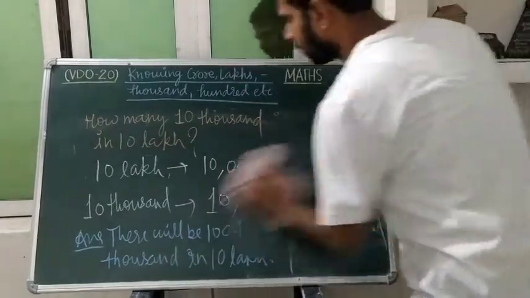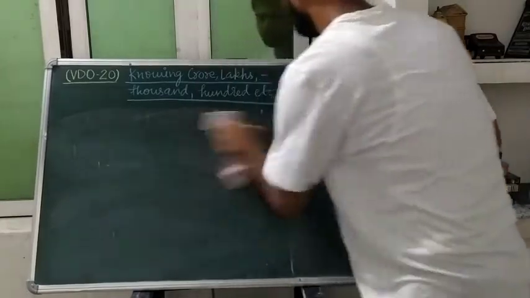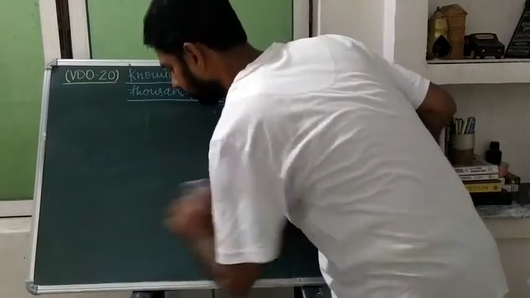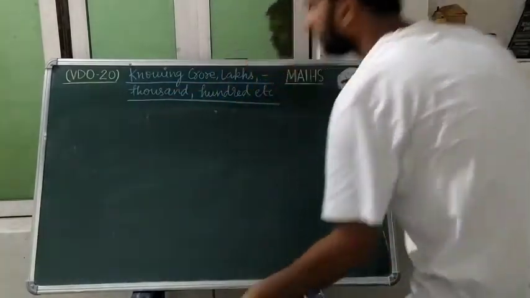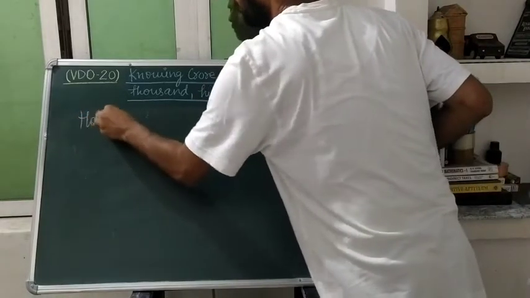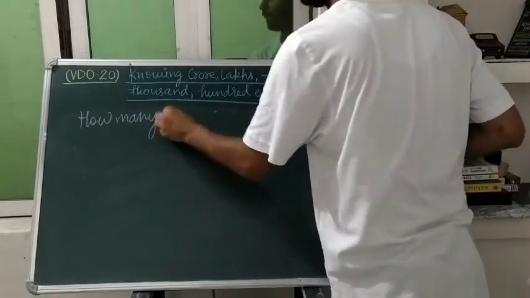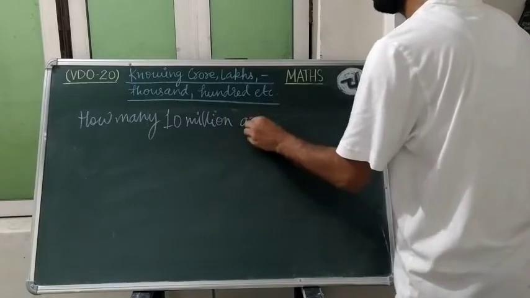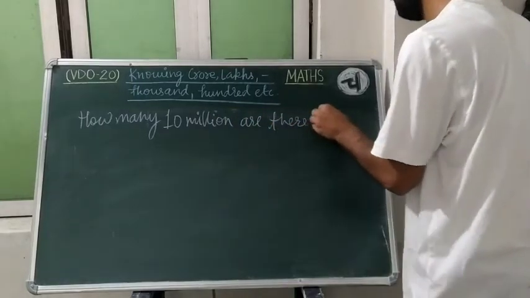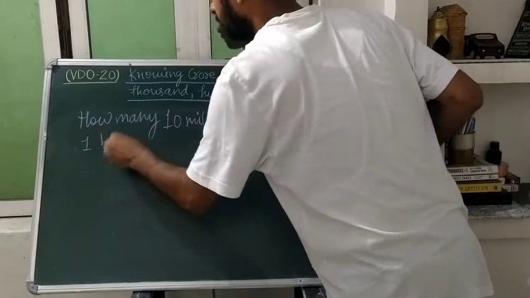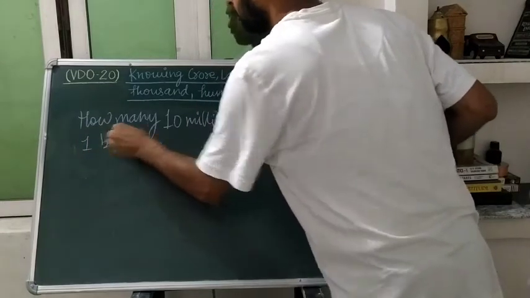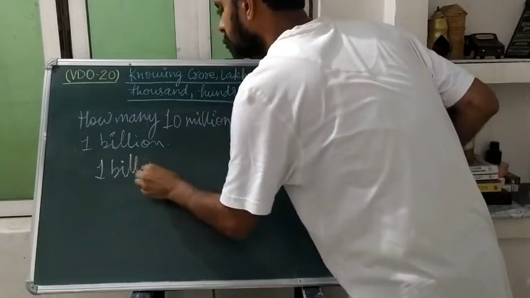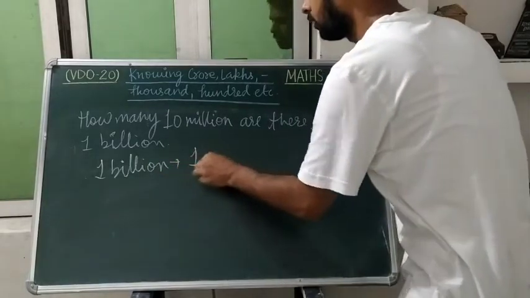Suppose anyone is saying to you, how many 10 millions are present in 1 billion? So in that case, how many 10 million are there in 1 billion? So 1 billion is nothing but our 9 zeros.